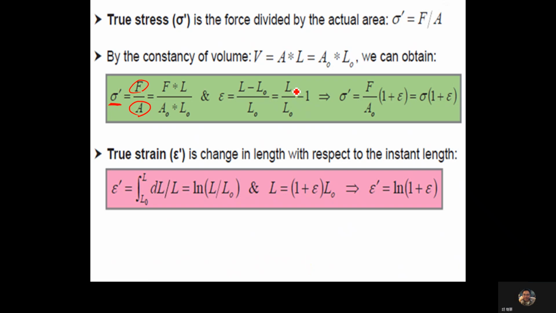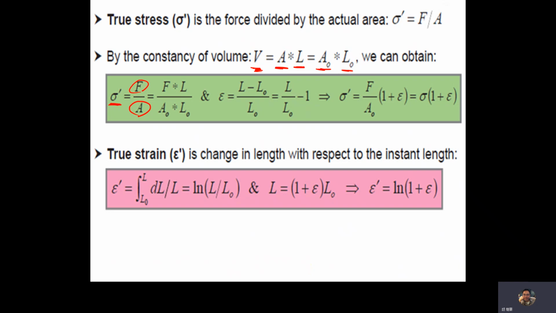Therefore, the volume equals the instantaneous area times the instantaneous length, which equals the original area times the original length.